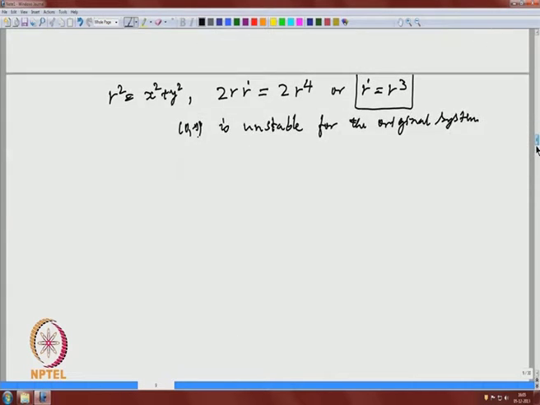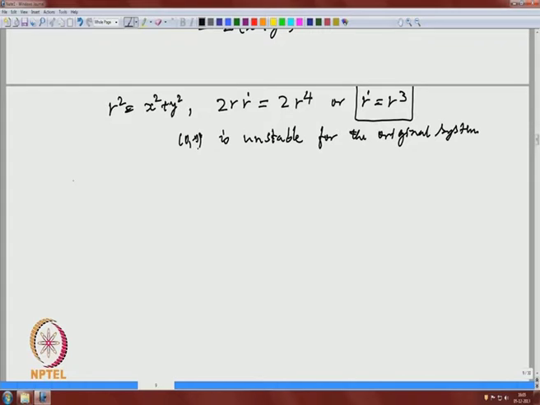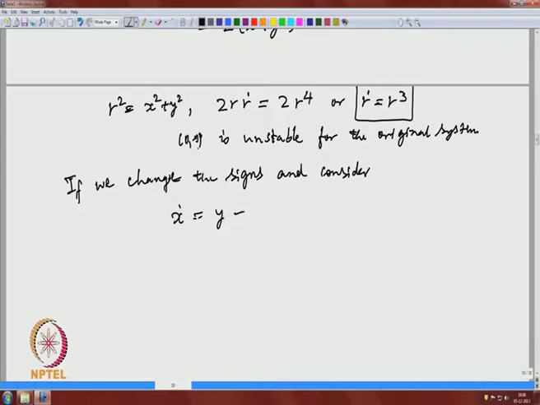And if we just change the signs, and consider this system, almost the same, I just change the sign in the non-linear terms.